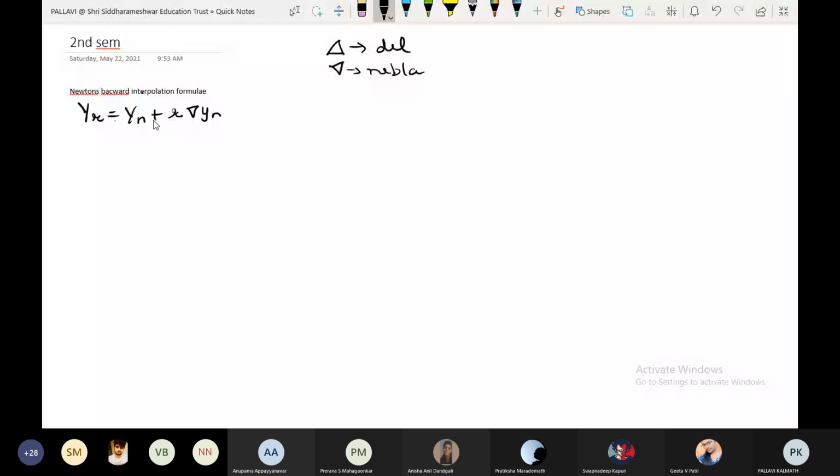So yr is equal to yn plus r into del yn plus r into r plus 1 divided by 2 factorial del square yn. Can you guess the next term?